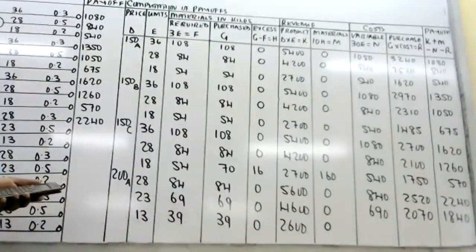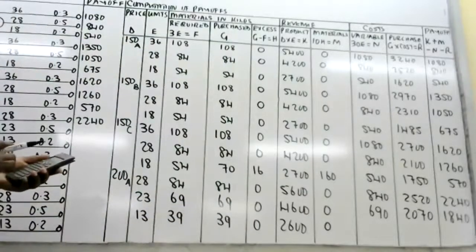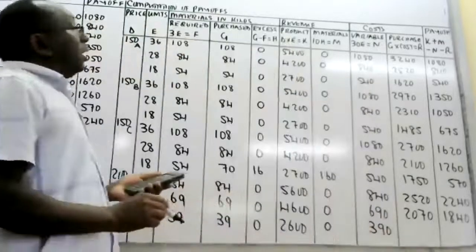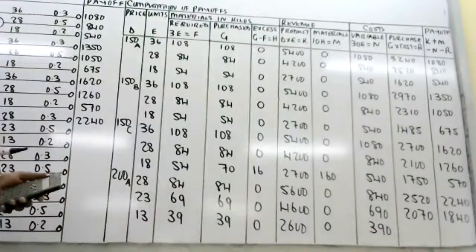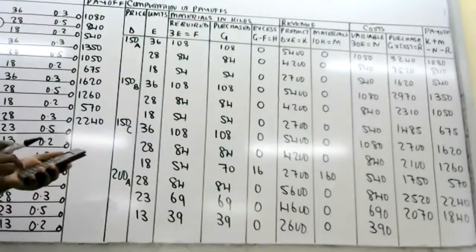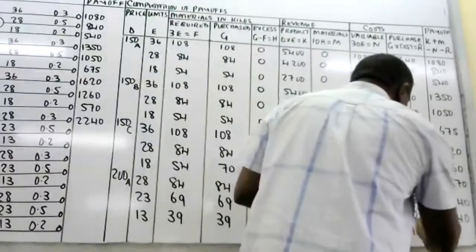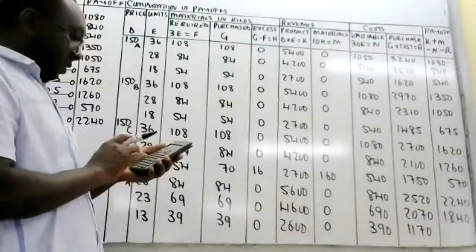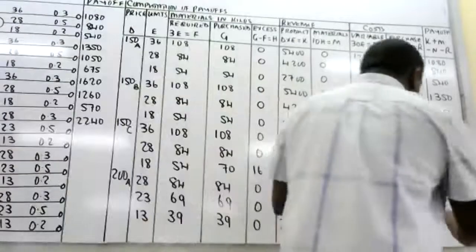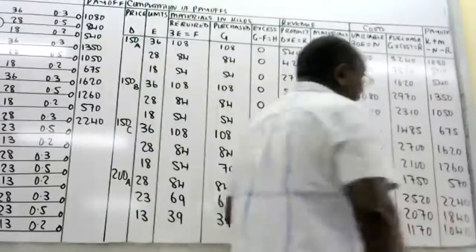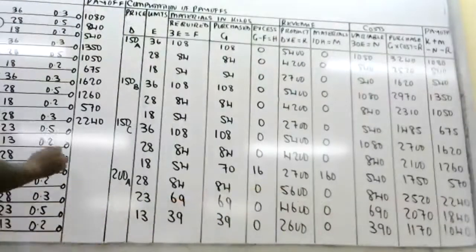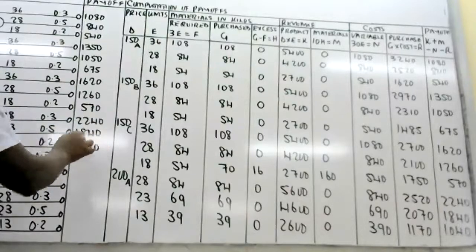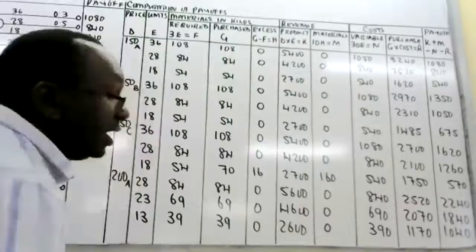The variable cost is 30 each, so 30 times 13 is 390. The purchase will be 39 times 30. That is 1170. So 2600 minus 390 minus 1170 is 1040. So we come here, this is 1840, this is 1040. So we proceed now.